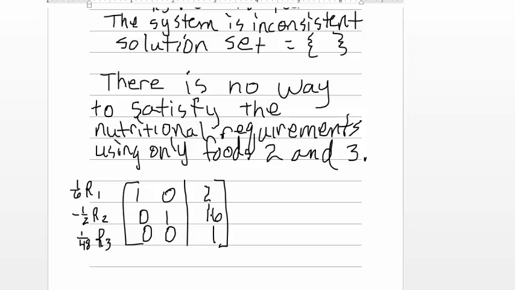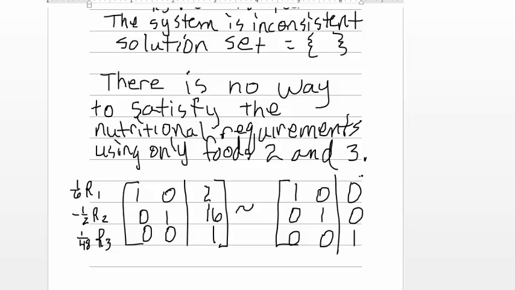Notice that that's still an inconsistent system, but that's actually the reduced echelon form. That's equivalent to any matrix representing an inconsistent system with 3 equations and 2 unknowns.